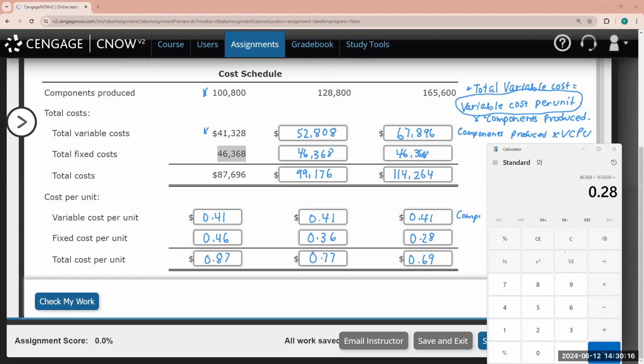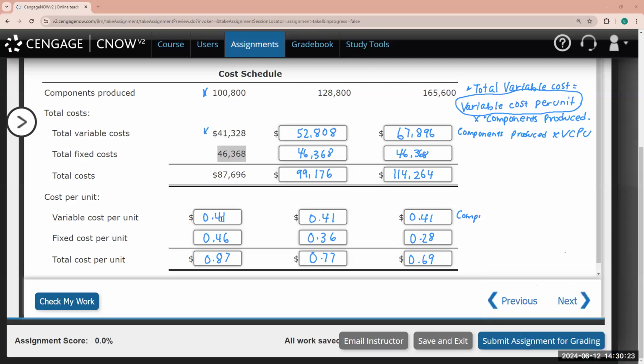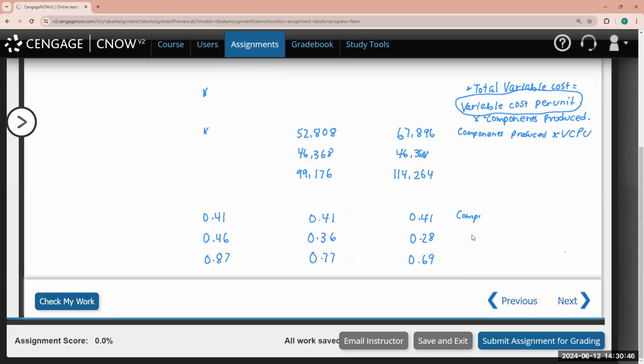So I know there's a lot of nuance with this question, but once you understand the basics of how our variable costs impact our total cost and how our variable cost per unit impacts our total variable cost, vice versa, same thing as it relates to our fixed cost, it'll make more sense. So I would strongly suggest continuing to go through this problem to get a better understanding of the relevant range and how our total variable costs change in addition to the cost per unit.